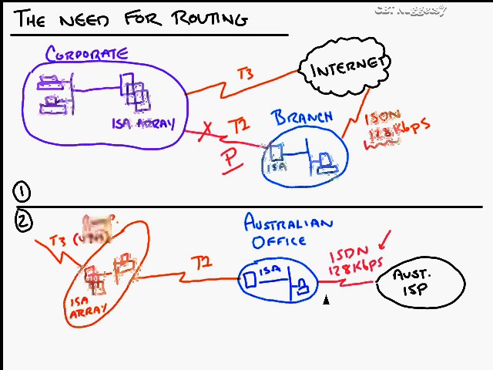What we can do is define destinations and say, you know what, if somebody in the Australian office attempts to contact something, a website or some range of IP addresses that is located in Australia, well, it may end up taking longer, even though the connection speed is faster, to go over to the U.S., out the T3 line to the ISP over there, then back overseas, and probably even through the same ISP to retrieve the content.